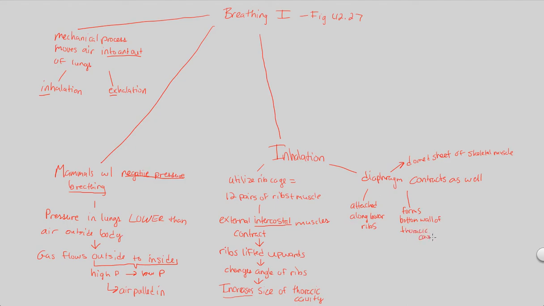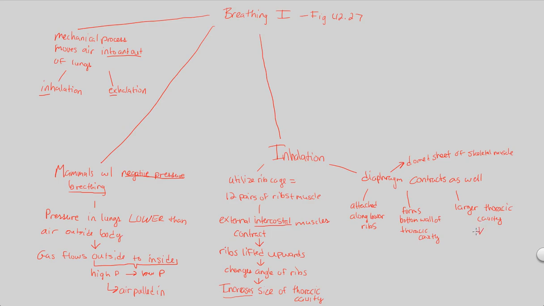So if you're contracting, and the goal is to make this thoracic cavity bigger, you ensure that the formation of the bottom wall is done in a way so that the thoracic cavity size increases. So during diaphragm contraction, just like intercostal contraction, you get a larger thoracic cavity overall.